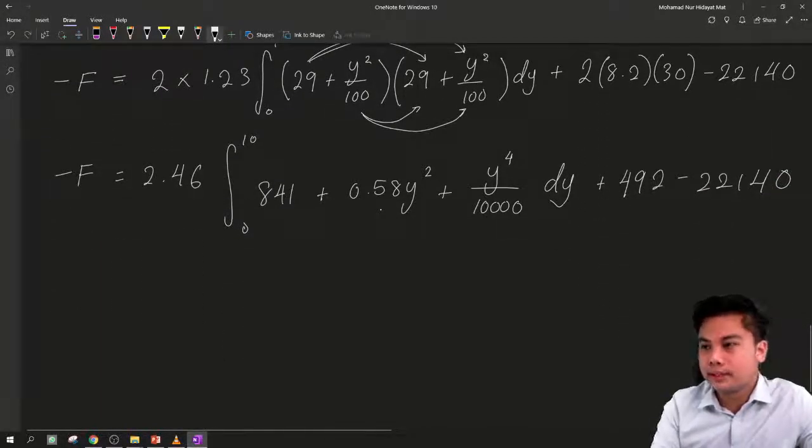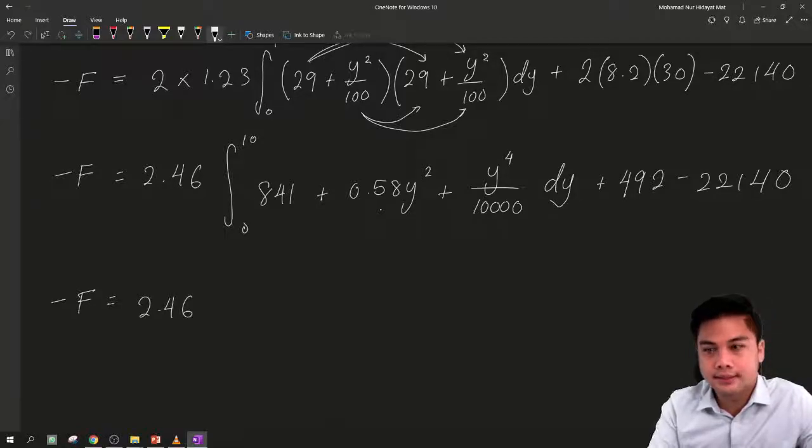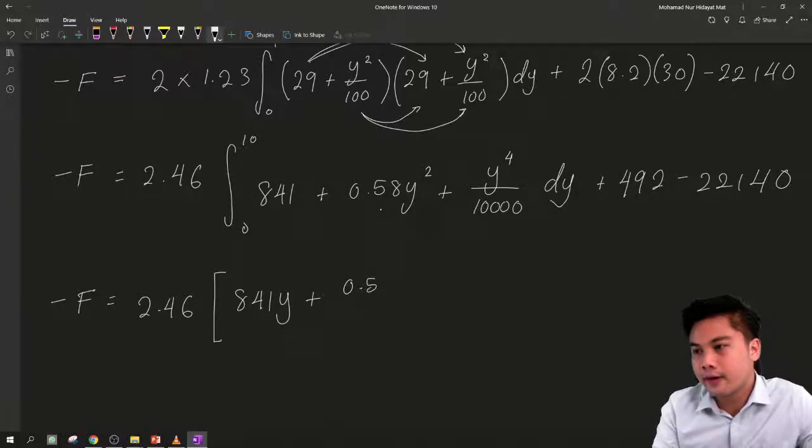So you integrate these 3 terms. Negative F equal to 2.46. Integrating, you will get 841 y, plus 0.58 y cubed over 3.